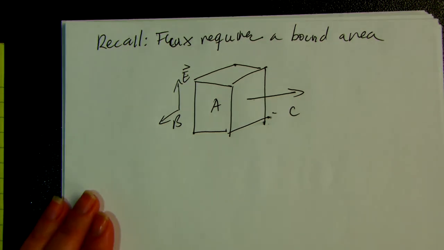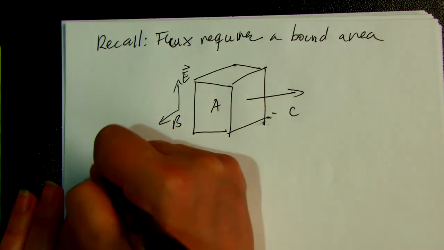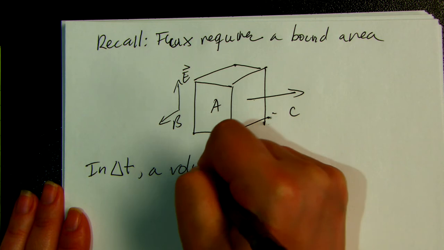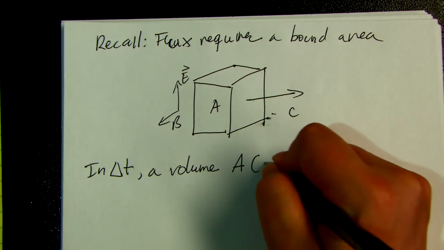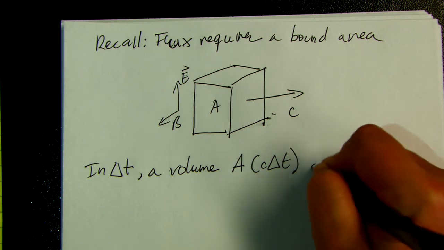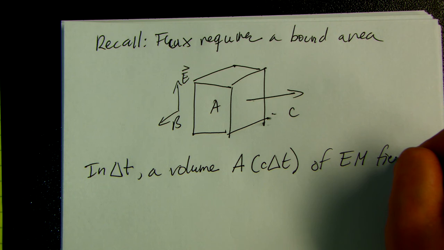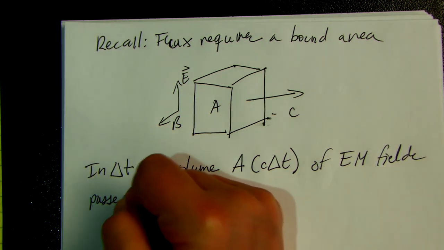Okay, so you want to look at this to determine flux. So in delta T, a volume A, C delta T, of electromagnetic fields passes through A.